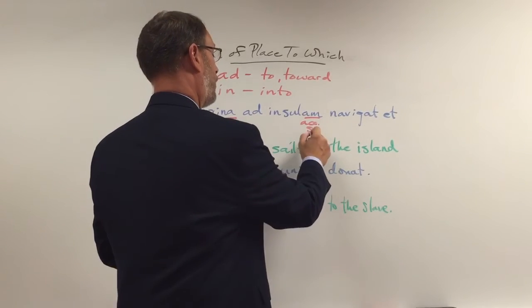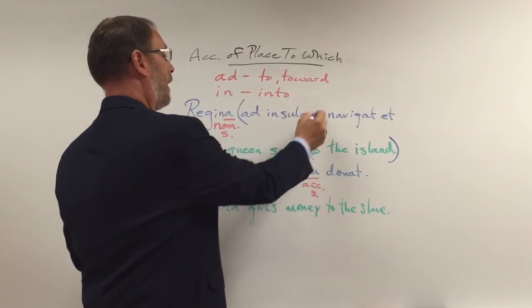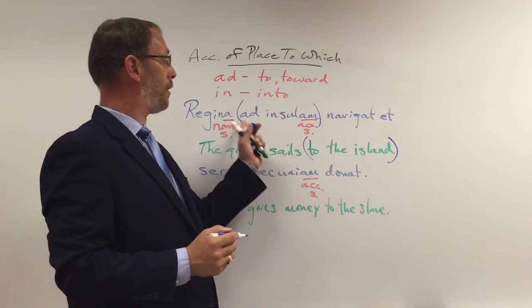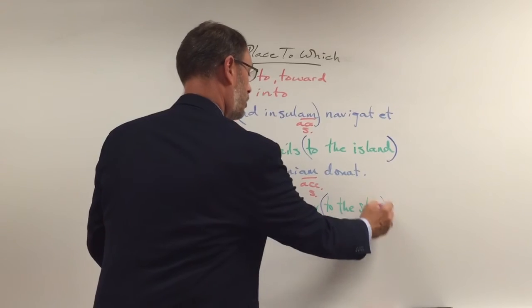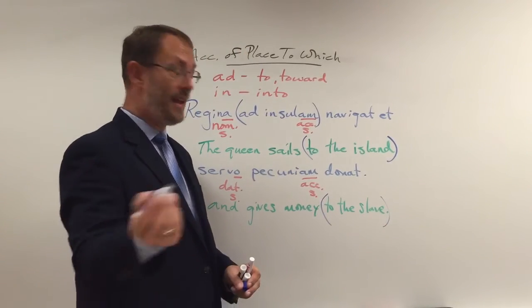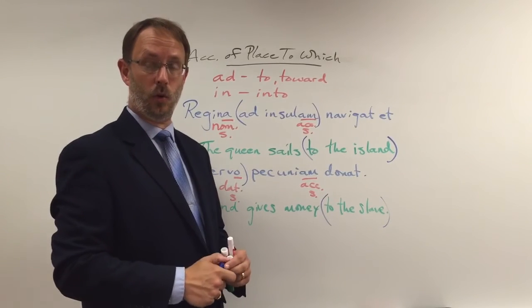Notice that this to the island is translating an accusative expression of place to which. This to the slave is translating servo, just that one dative case word.